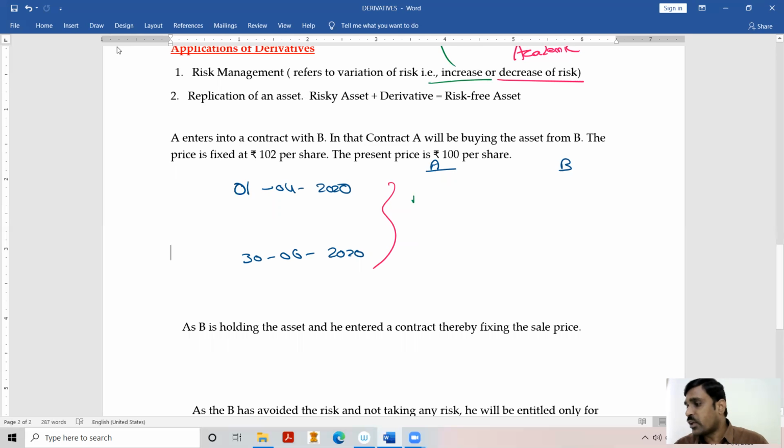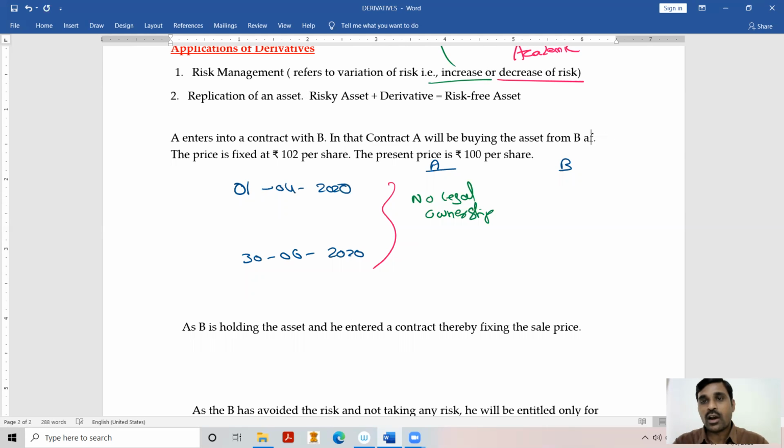A has no legal ownership, because A will be getting the asset from B only after 3 months. As of now, I am not the owner of the asset, no legal ownership. But financial effects are retained.